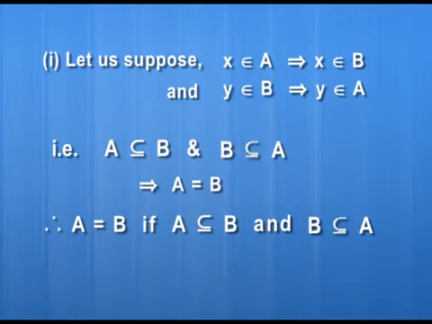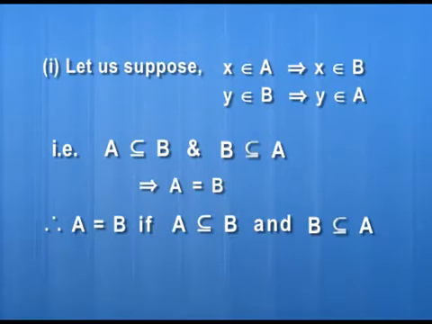A is contained in B means all the elements of A are in B. Then I am telling B is contained in A: all the elements of B are in A. That means A has all the elements which are in B and B has all the elements which are in A. So, we can conclude that A is equal to B. Here, the definition of equality can be generated.